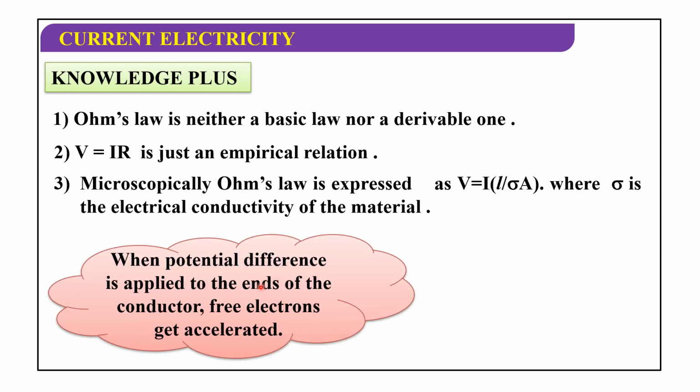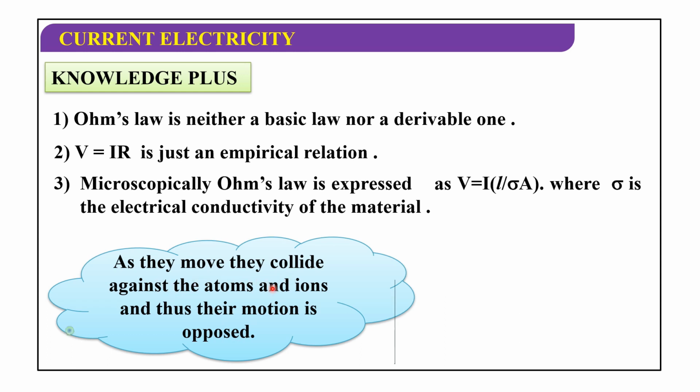When a potential difference is applied to the ends of the conductor, free electrons get accelerated. Whenever we connect a battery, electrons get acceleration.